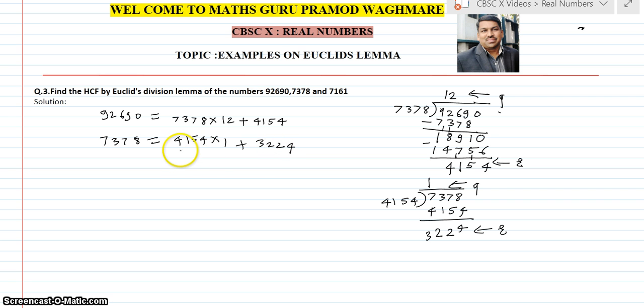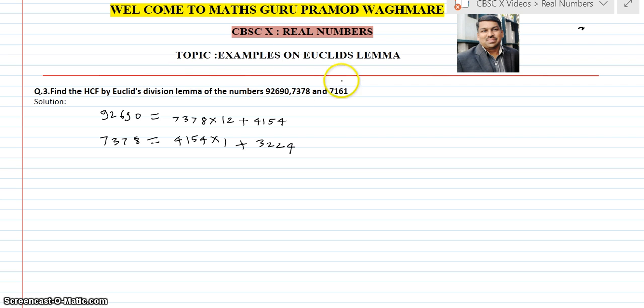So again we divide this 4154 by this remainder, and then we again find q and r. So let us divide 4154 by 3224. These are 4 digits, these are 4 digits.